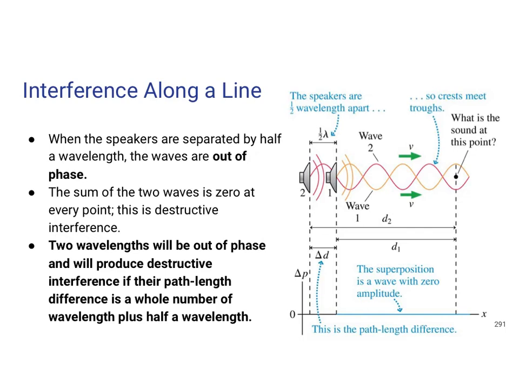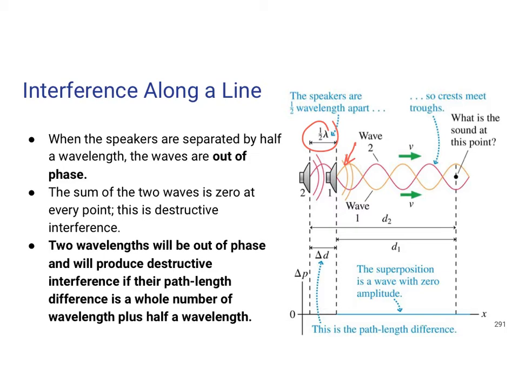So now let's change things up a little bit. Now I have two speakers, speaker one and speaker two. Speaker one is putting out this gold or yellow wave, and speaker two is putting out a magenta. Yeah, that looks about magenta. And now these speakers, before they were a full wavelength apart, now they're a half a wavelength apart. So speaker one is putting out this gold, and right here we have an area of compression.